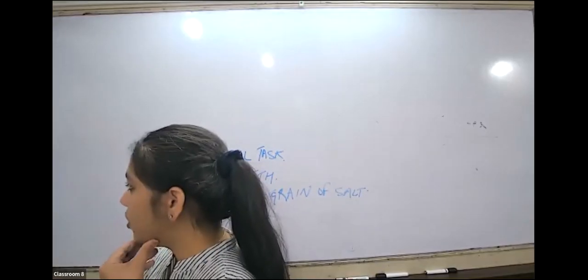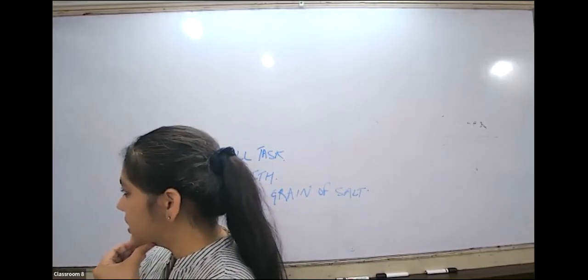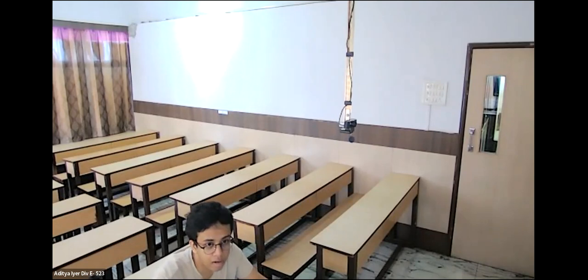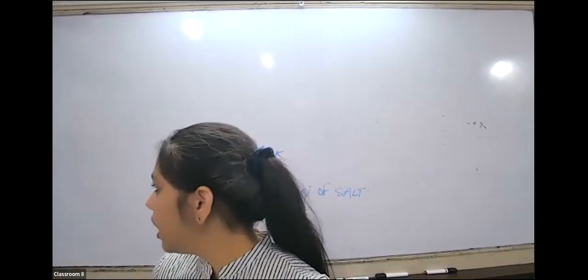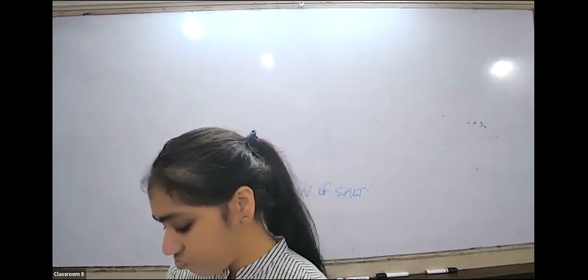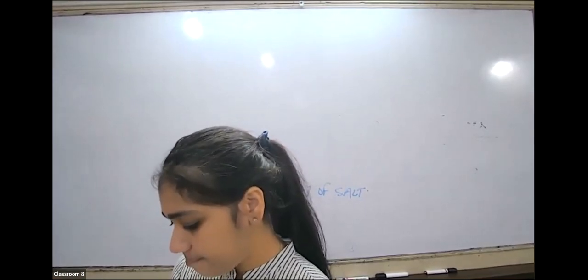Your voice echoes a lot. Can you hear me now? Yeah. They fell over themselves in order to gain her approval. Okay. And Agrima, what did you write? I wrote the meaning: a group of excessively excited people.